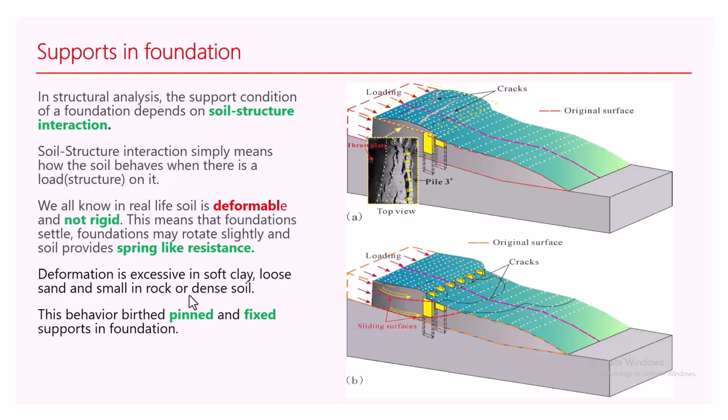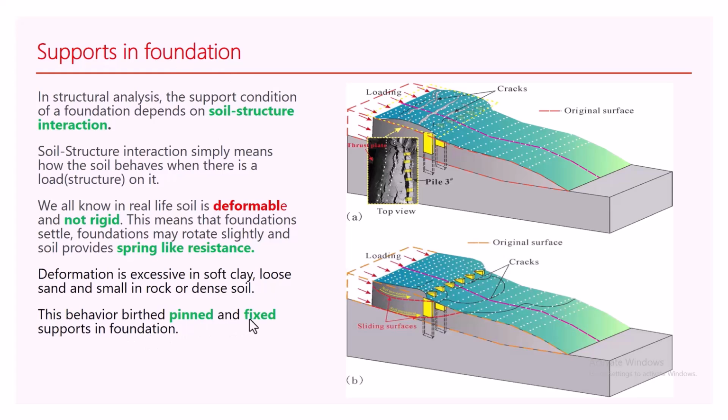From what we have explained so far, from this soil-structure interaction, the deformation of the soil, and the soil acting with spring-like resistance, comes this behavior, which gives birth to what we call the support in foundation, which is the pinned and the fixed support in foundation.